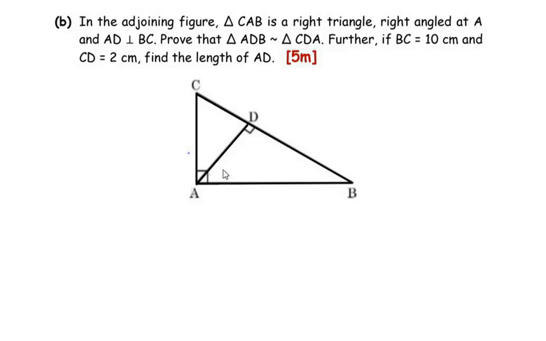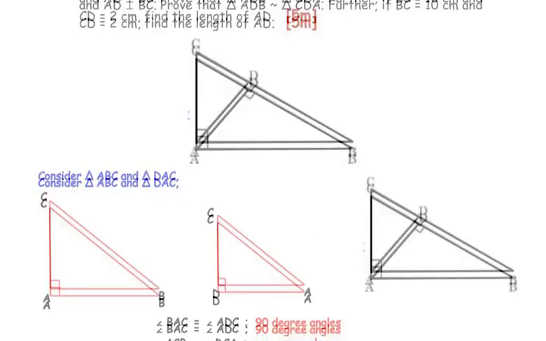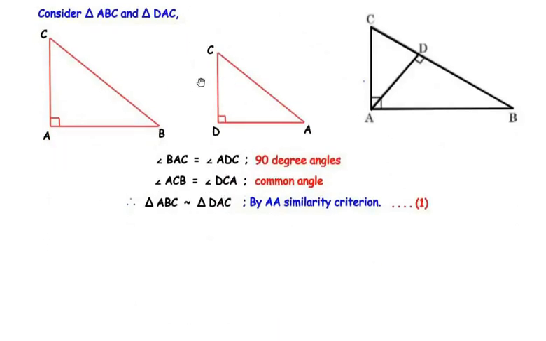So let us begin by considering the triangles ABC and DAC. I have considered the given figure over here for easy reference. So here we have broken down the given triangle into two triangles. Now in triangle CAB, it was given that angle A was a right angle. So we have drawn a 90-degree angle at point A, and it was given that AD was perpendicular to the side BC.